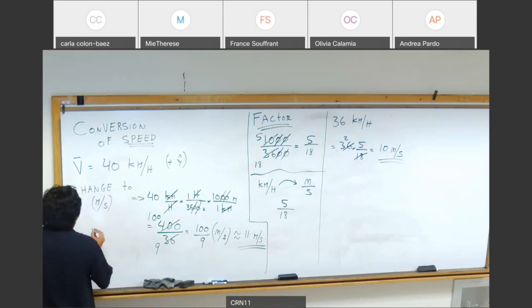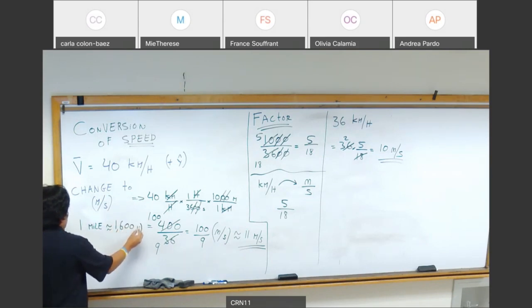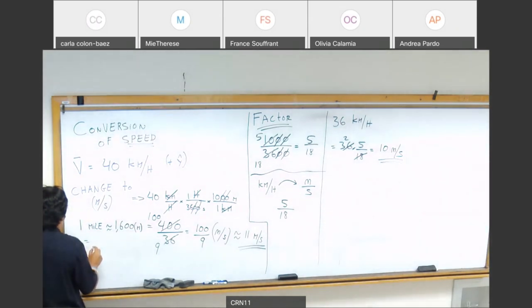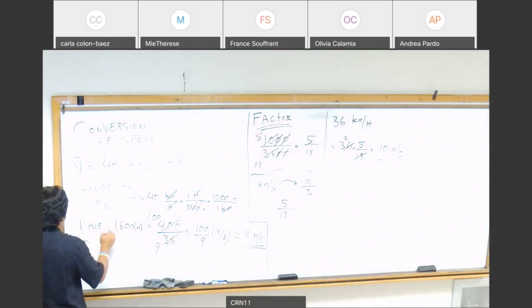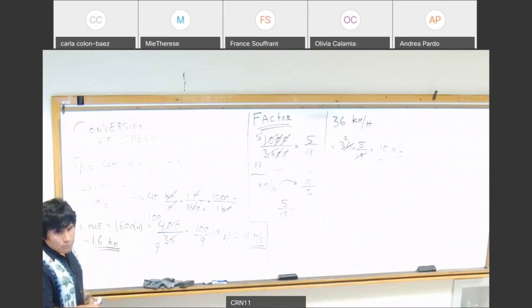So 1 mile is approximately 1,600 meters. Because 1 mile is equal to 1.6 kilometers. So the conversion will be that.